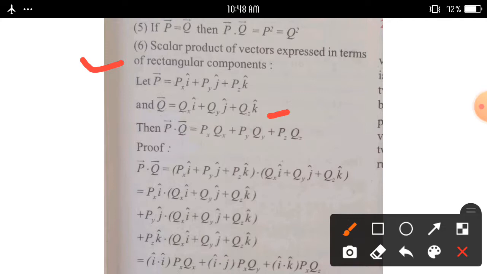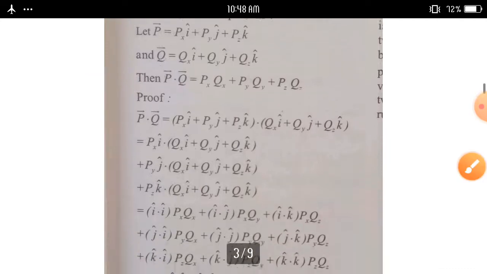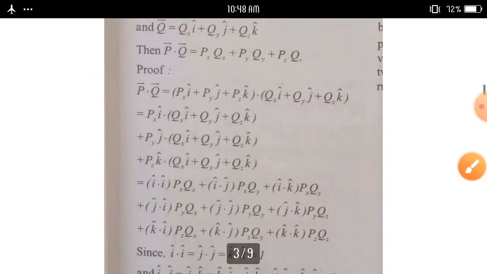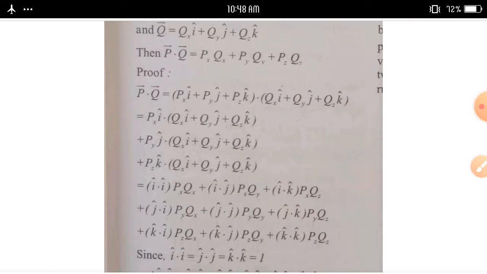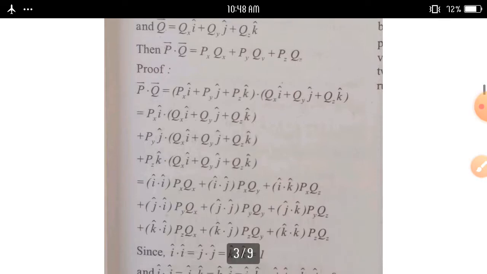Then the dot product p bar dot q bar is equal to px qx plus py qy plus pz qz. This is a mathematical expression. We can prove that p bar dot q bar is equal to this.